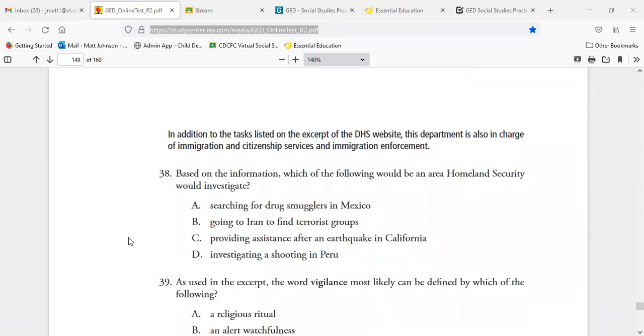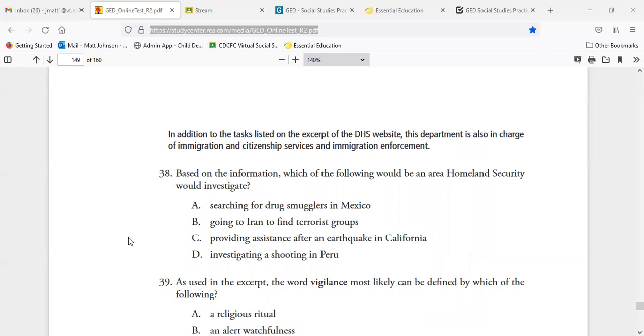So let's see, Devi, let's go to you here. Based on the information, which of the following would be an area Homeland Security would investigate? A, searching for drug smugglers in Mexico. B, going to Iran to find terrorist groups. C, providing assistance after an earthquake in California.